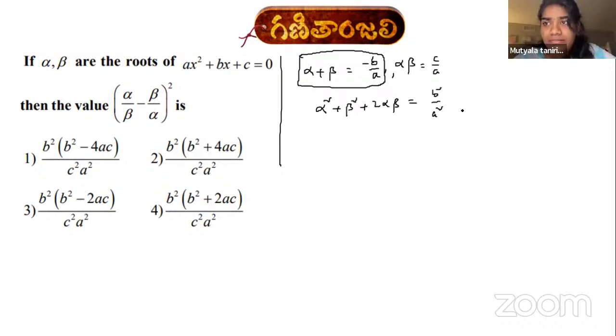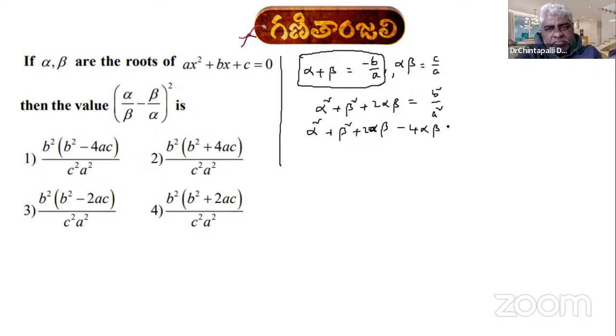Now, alpha square plus beta square plus 2 alpha beta.